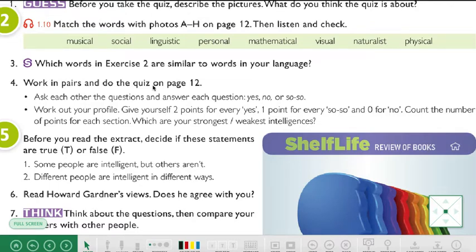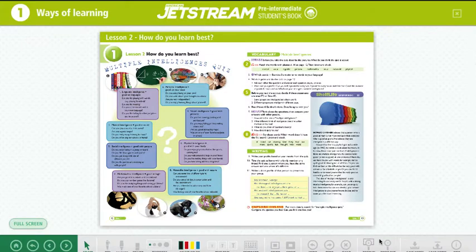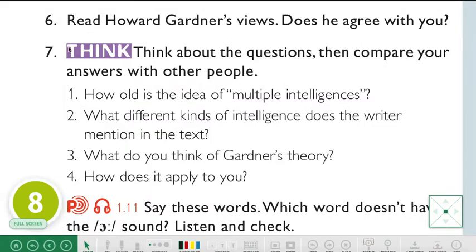The number 2. Now, we are going to skip this, and we are going to work in the exercise number 7 here. Okay? Look at this. First, in the exercise number 6, we have just the introduction of this activity.